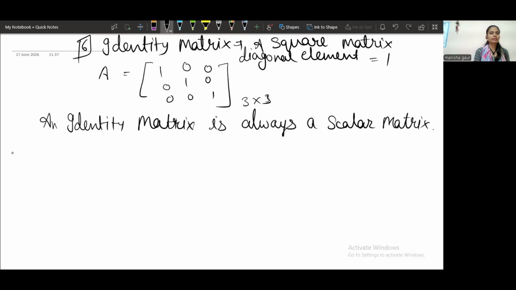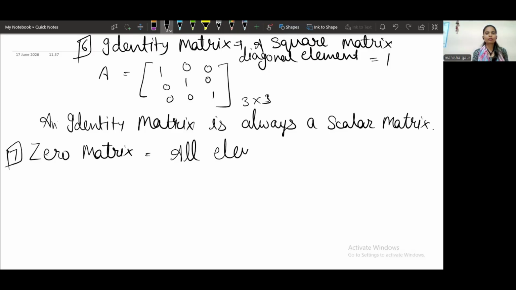Our last type is the zero matrix. It's a very simple type. All elements are equal to 0.